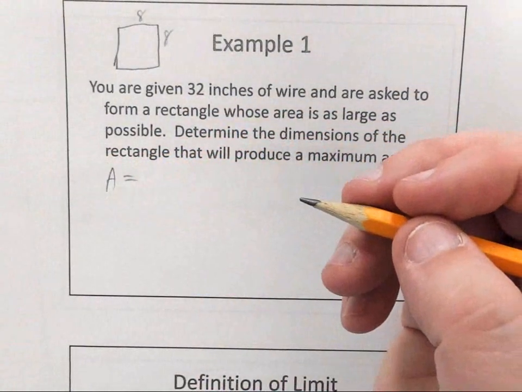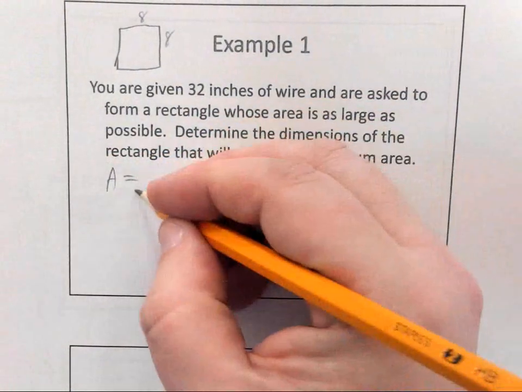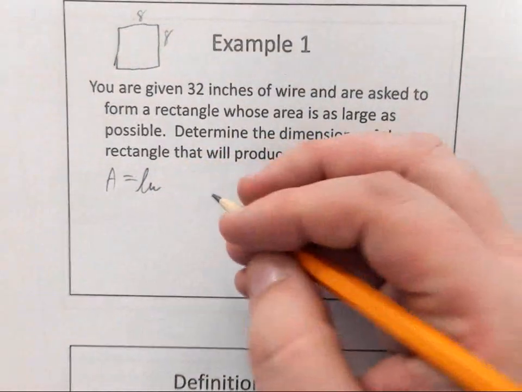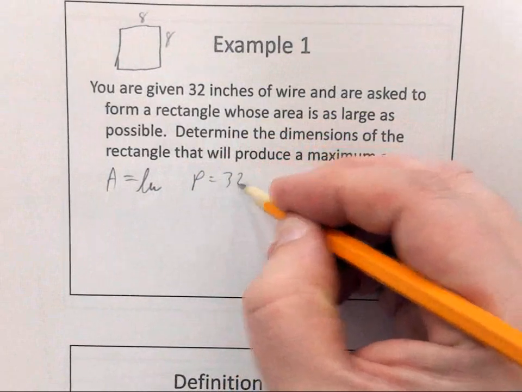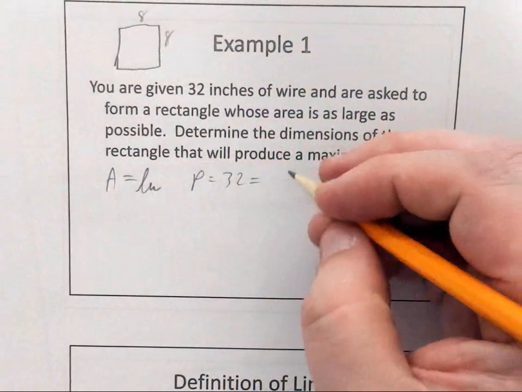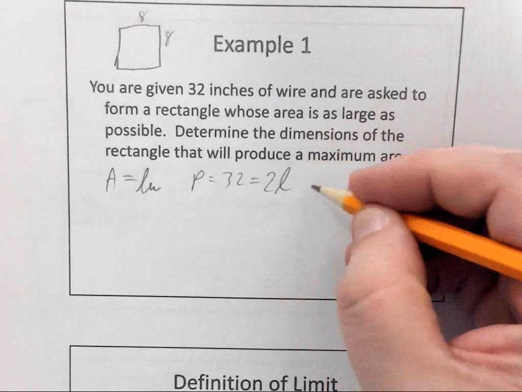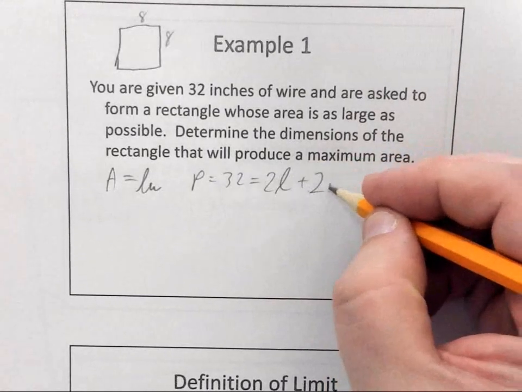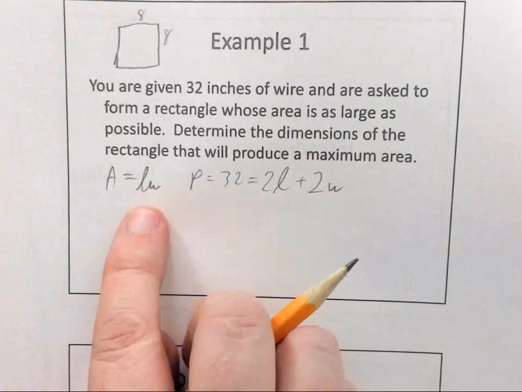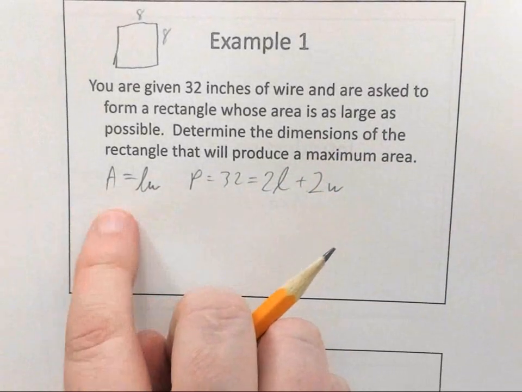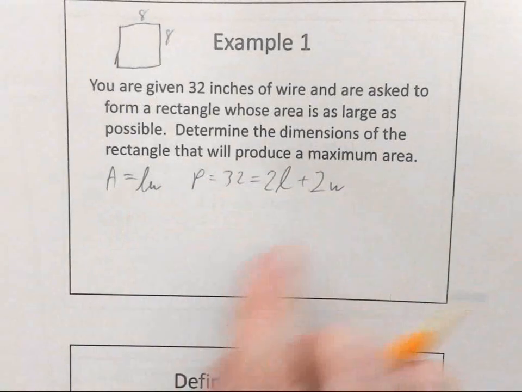The area for the rectangle is what in general? Length times width. And then the perimeter is given to me as 32. And what's the formula for perimeter? 2L plus 2W. Then, once you have that, this is the thing you don't know, so this is what you're going to use to solve for this.